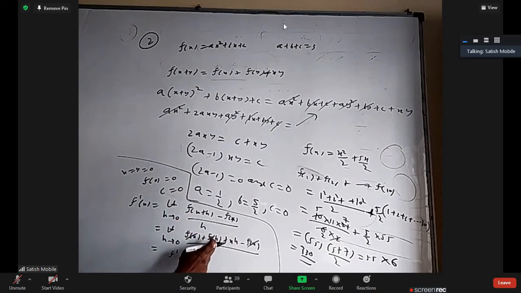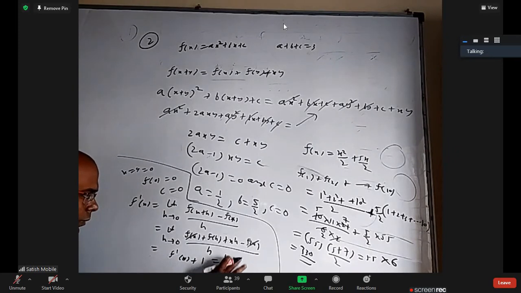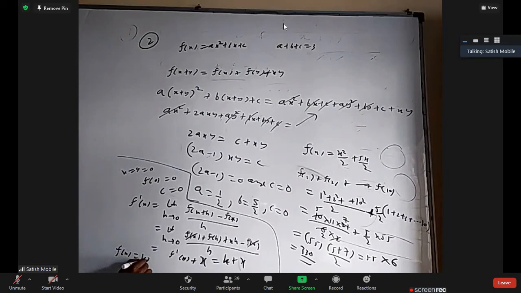F of 0 is 0 based on the 0 by 0 form from f dash 0, and f dash 0 is a constant, so I can write k plus x. Sorry. So when I integrate now, f of x will come kx plus x square by 2 plus some other constant c, and that c is 0. We already proved it.